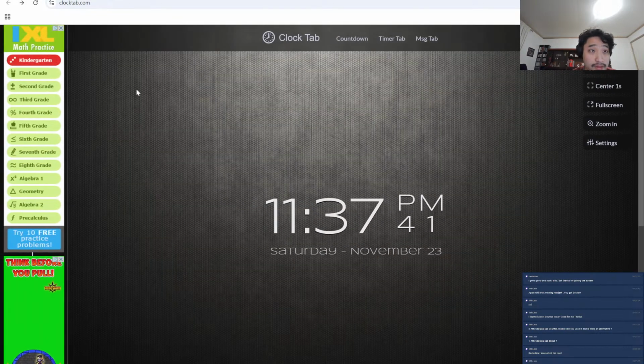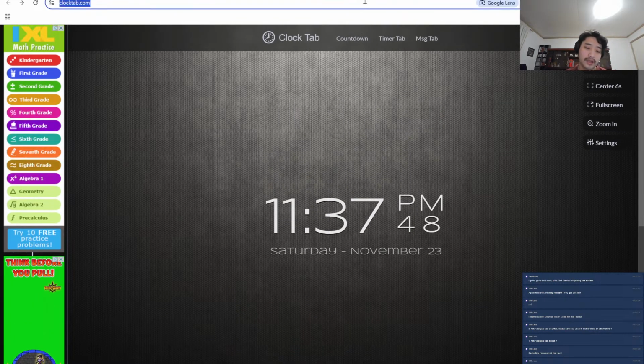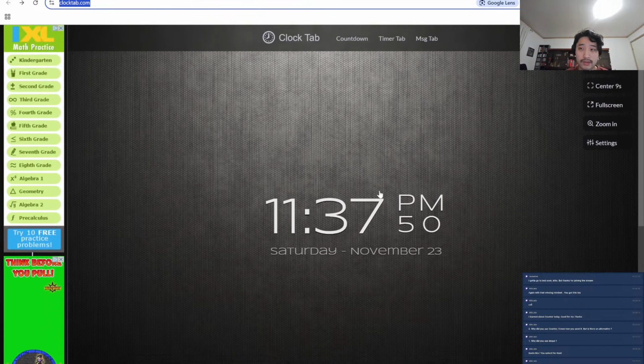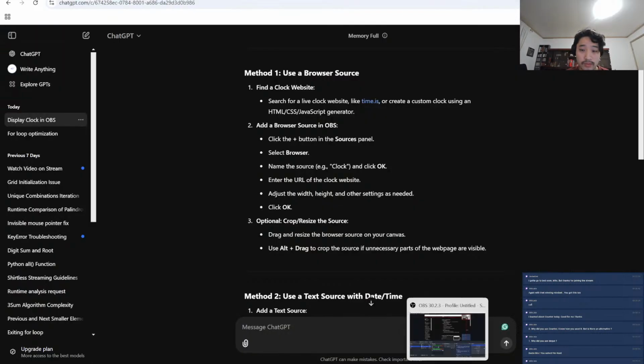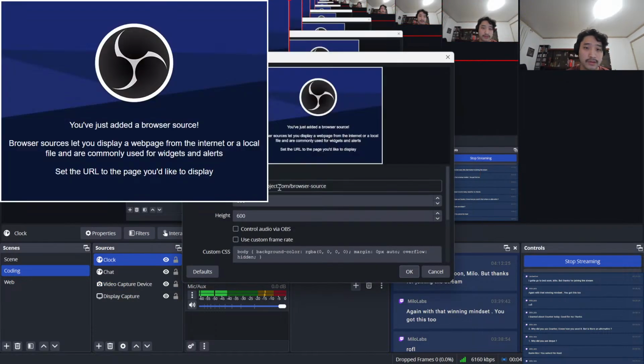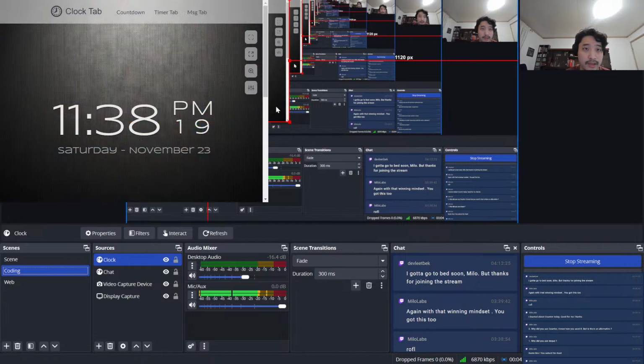I really liked it. This is actually pretty cool. Out of curiosity, I just want to see how this would work. So, browser. Create new clock. No. Okay, I can edit it a lot.